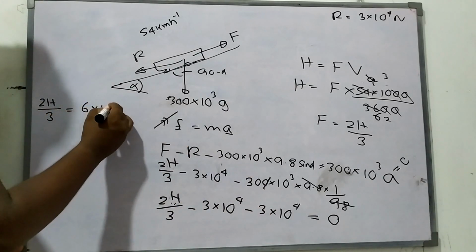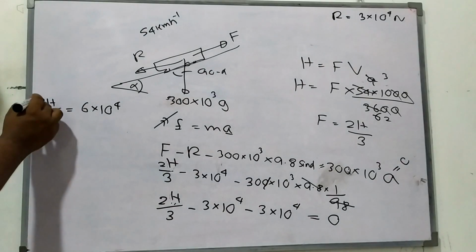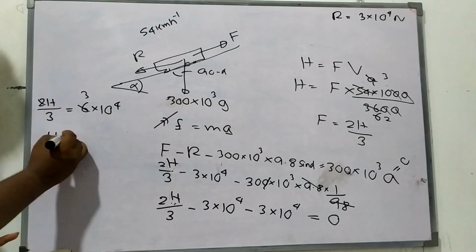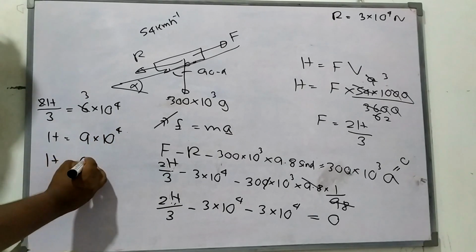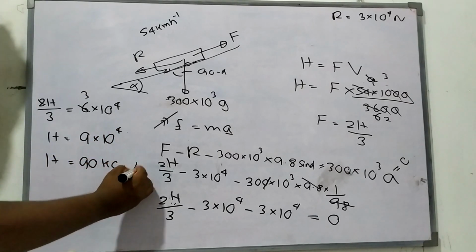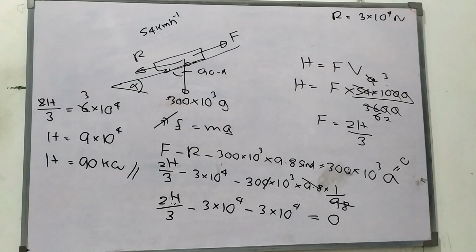Six into 10, 4. 9, 10, 4. It's 90 kilowatt. Something wrong. Where did I go wrong?